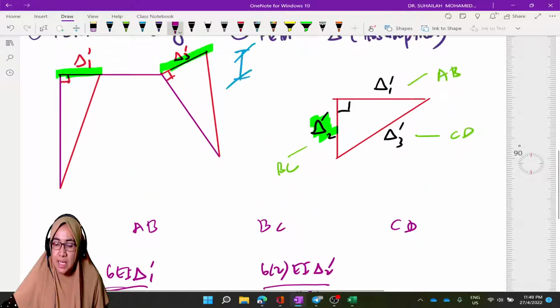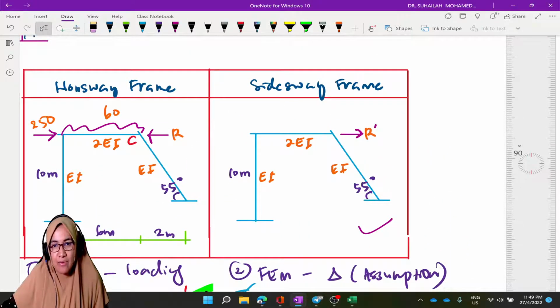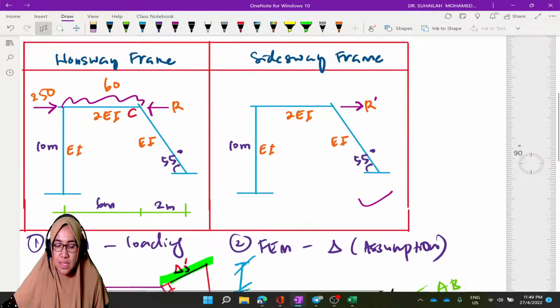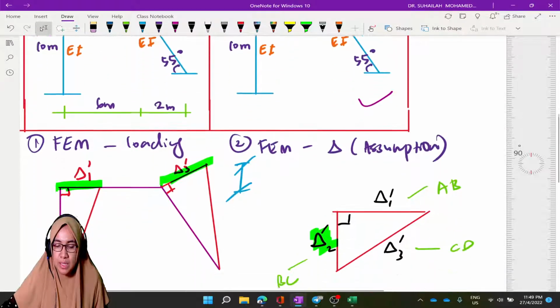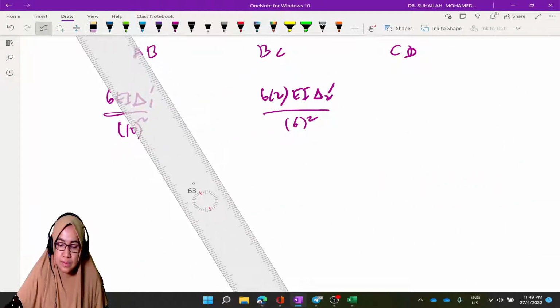And what about CD? For CD, we need to calculate the length first. It is 2 meter and 55 degree.